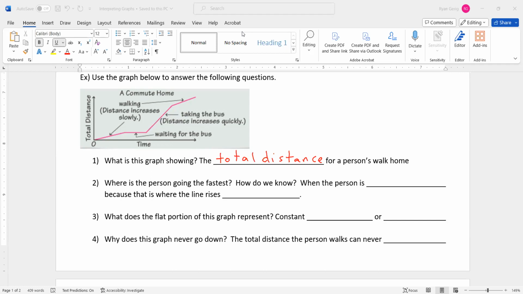Where is the person going the fastest, and how do we know? Well, you might be thinking you can't tell from this graph, but distance is related to speed in a way. If you cover more distance quicker, your speed is faster. So when the person is taking the bus, they are going the fastest in this picture.